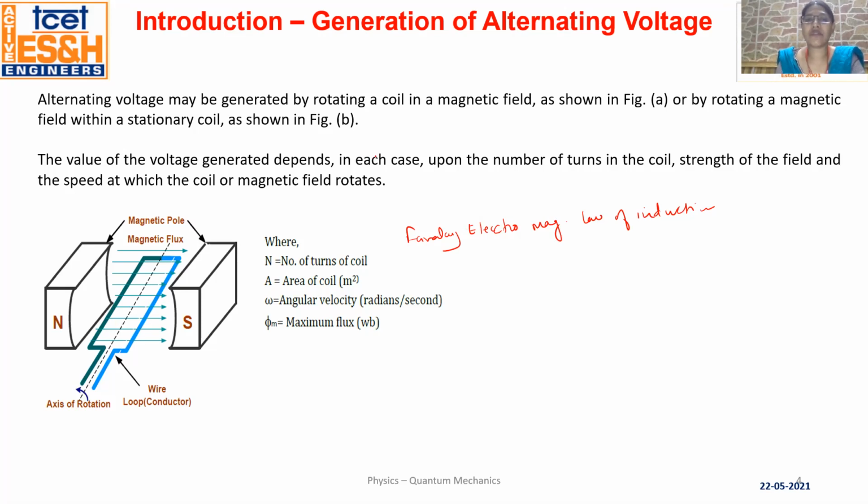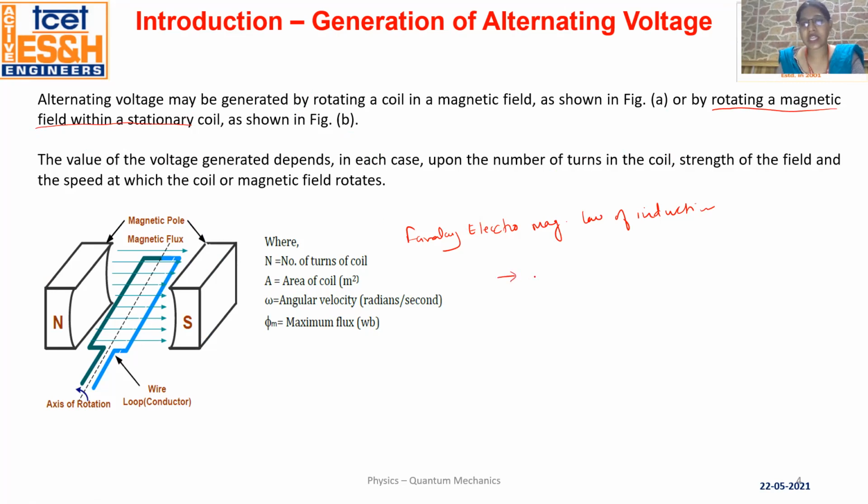So this is the Faraday law of electromagnetic induction. Now there are two ways from which we can generate an alternating waveform. Number one, you can rotate a magnetic field within the stationary coil, and second, you rotate the coil in a stationary magnetic field.